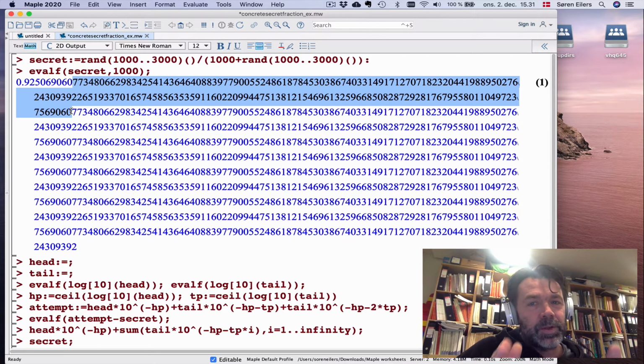Since I know that this highlighted part is repeated infinitely often, I can put it in front of some appropriate power of 10, and then in front of another appropriate power of 10. These powers of 10 are systematic: they're 10 to the minus the length of the beginning, then the long thing, and that's the first time. Then 10 to the minus the length of the beginning, then the long thing twice, and so on.